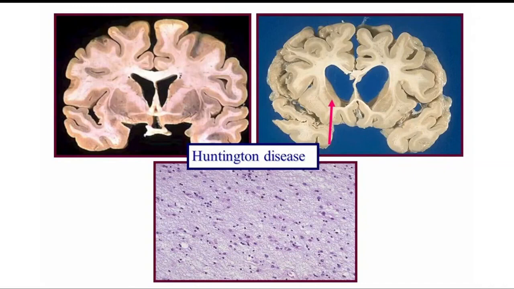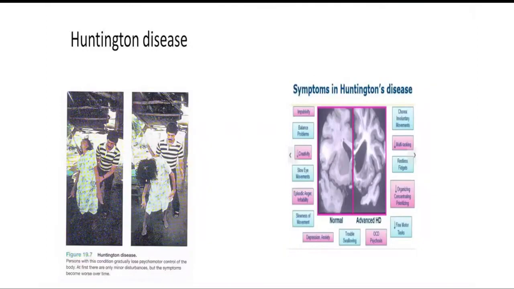So, as a result of this mutation, the death of neurons happens in the brain. The disease mostly starts after 30, 40, 50 years old, and the main symptoms are chorea, depression, anxiety, trouble swallowing, problems with concentration, balance problems, slow eye movement, and many others.